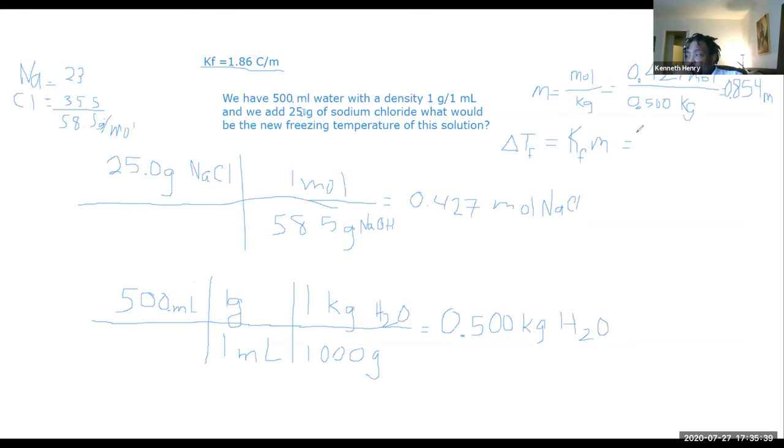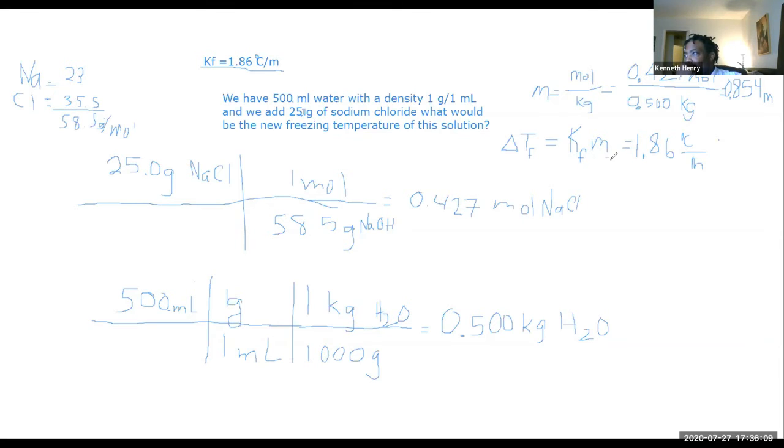Okay, so your KF is going to be 1.86 degrees Celsius over molal. And then we're multiplying that by what?